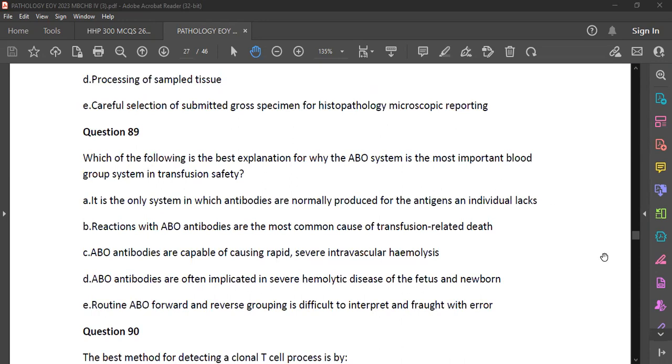All right, which of the following is the best explanation why the ABO system is the most important blood group system in transfusion safety? So remember yesterday, I mentioned a very important thing. I said what causes the delayed and the acute types of hemolytic transfusion reactions is going to be a difference in the blood grouping system.